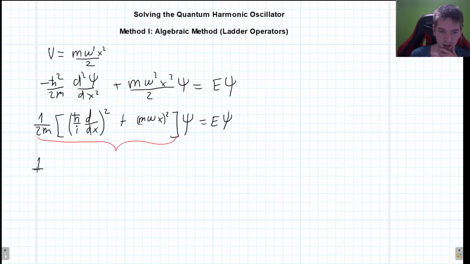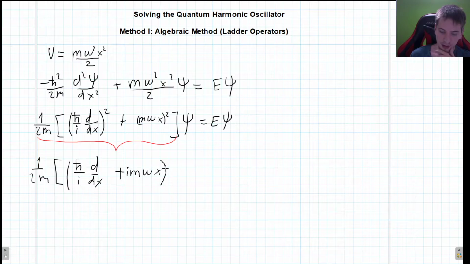We get 1 over 2m, and let us write what is in here as h bar divided by i d over dx plus i m omega x, and all of this multiplied by h bar divided by i d over dx minus i m omega times x, and all of this is acting on psi.